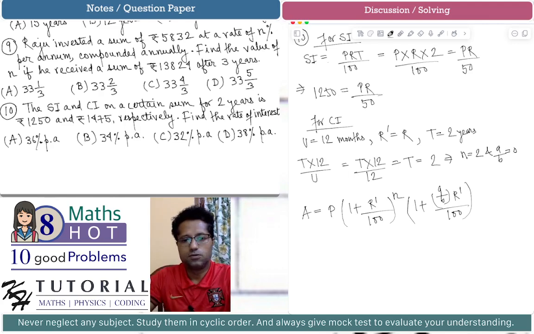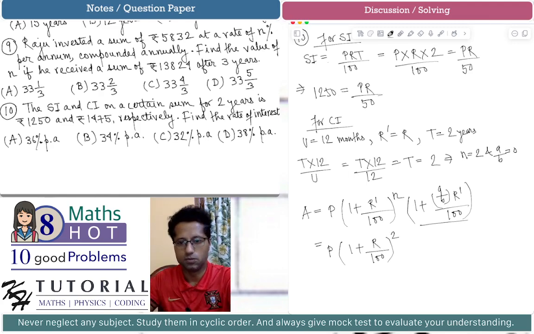Okay, so this will be equal to P. R dash will be R. So we have 1 plus R by 100, and n is 2, and this part will be 1 because the fraction a by b is equal to 0. So you have multiplied by 1.